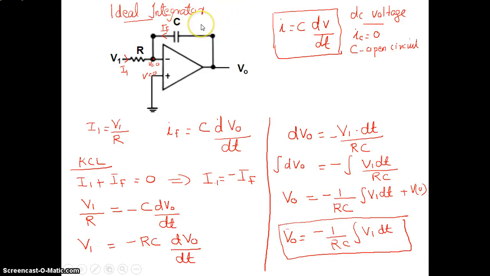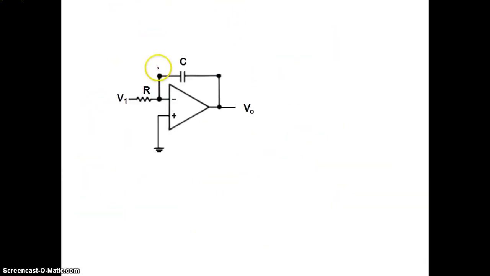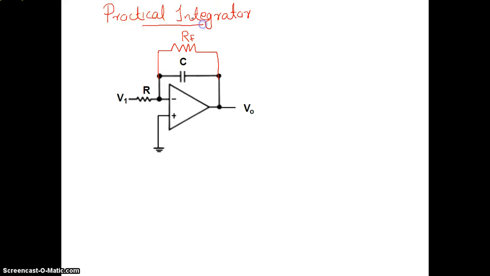Then it becomes the practical integrator. So for the practical integrator, parallel to this capacitor, I will have an extra resistor like this. This is RF. So this is the circuit of a practical integrator. This is the same circuit we are going to build in the lab.